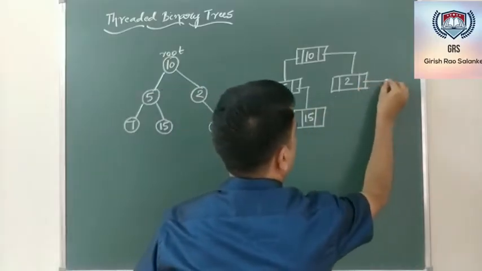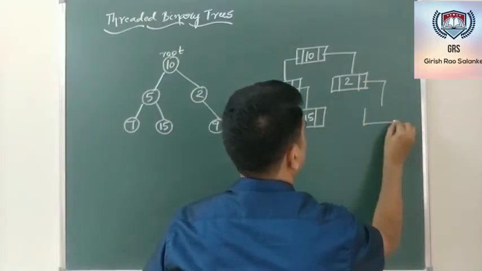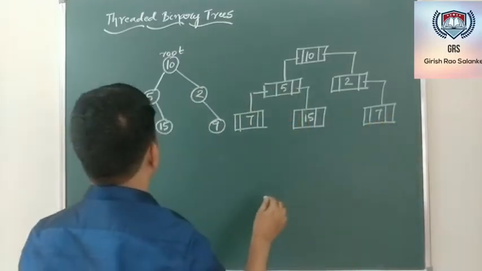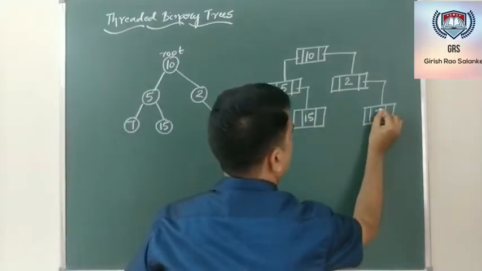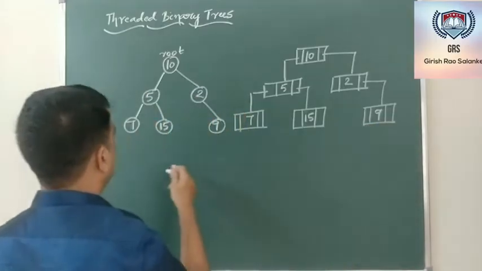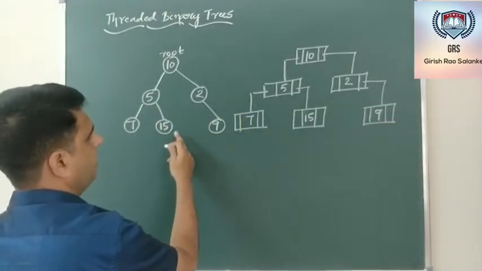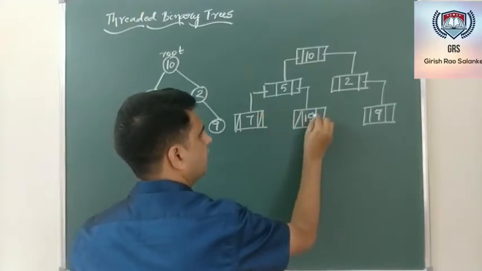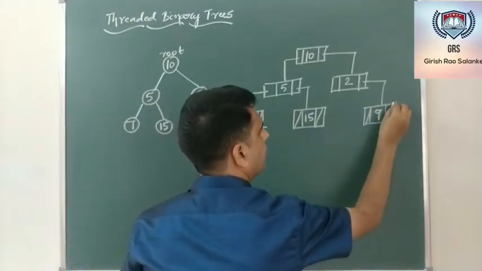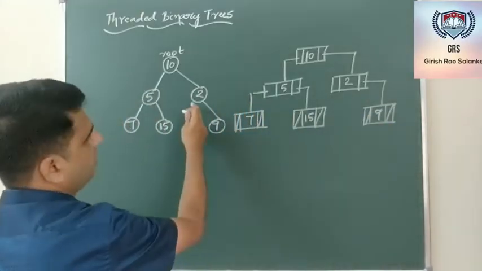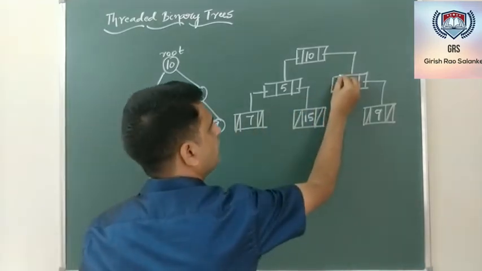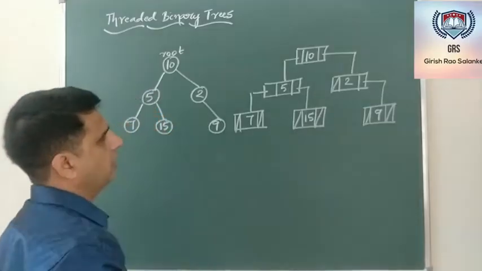Now right of 2 is 9. Now 7, 15 and 9 are leaf nodes, so their left address and right address will be holding null. Similarly, 2 is an internal node but it does not have a left child, so the left address will be null.